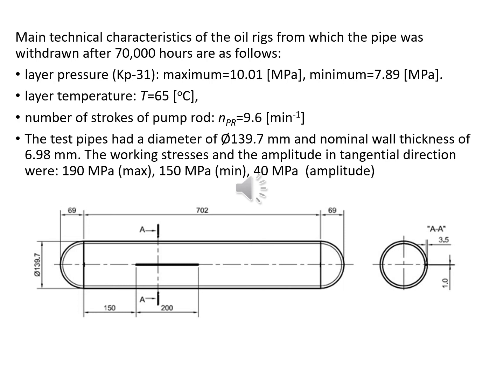It was between 10 and 7.89 megapascals. Temperature was 65, number of strokes 9.6 per minute. Geometry of the pipe is given in this slide. Diameter is practically 140 and wall thickness 7.